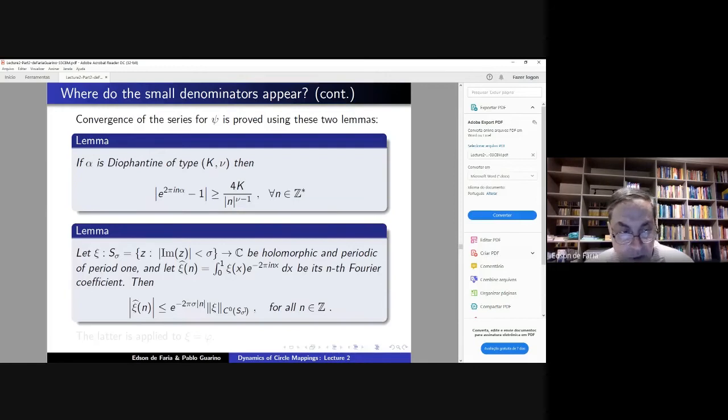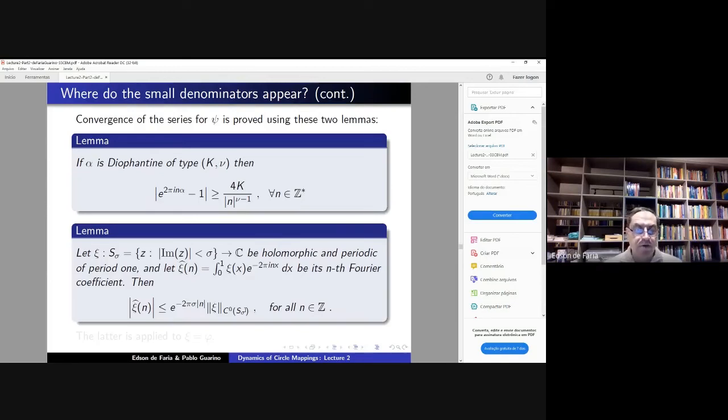So it's a general fact that if you have a holomorphic function, which is periodic of period 1, then its Fourier coefficients have a very fast decay. They have an exponential decay, and the actual formula that gives you this bound is what's written in this lemma.